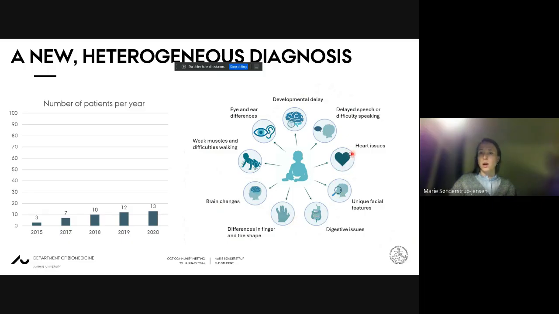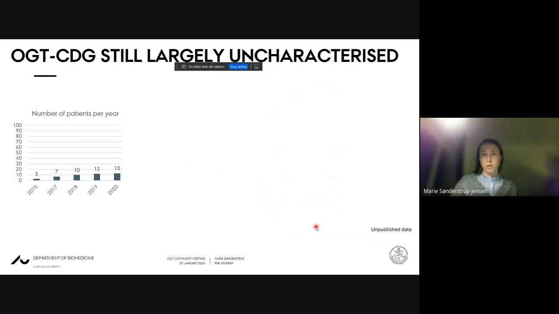It's heart issues, facial features, digestive issues as well. But we still lack a lot of data at this point back in 2020 from some of the patients characterized. So it is still, at this point, largely uncharacterized.